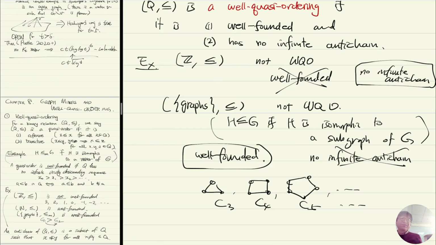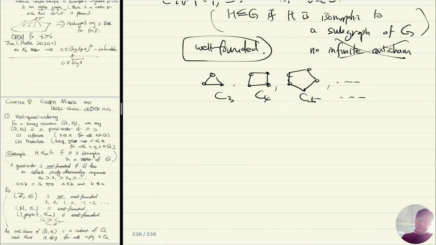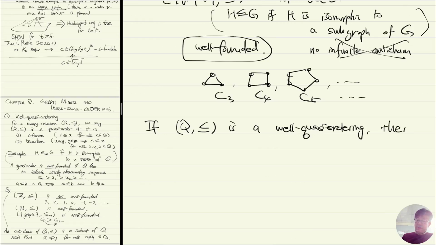So some quasi-orders are well quasi-orders, some quasi-orders are not well quasi-orders. So if Q is a well quasi-ordering, then we say Q is well quasi-ordered by this.